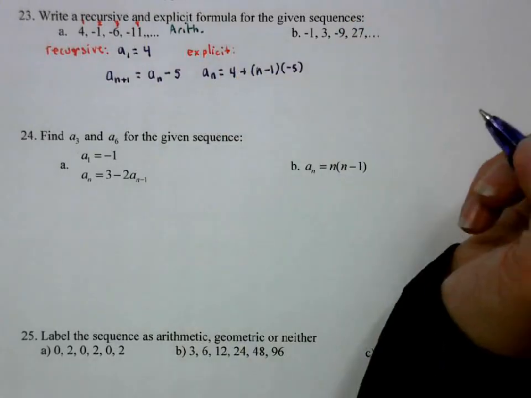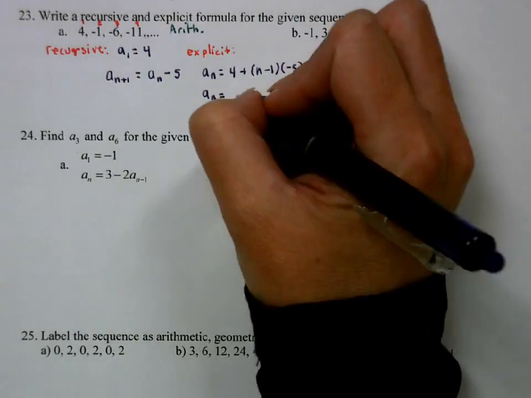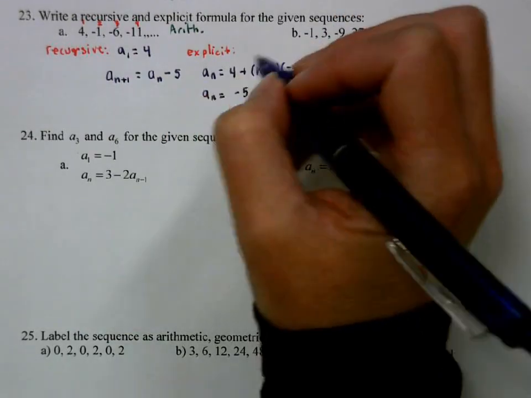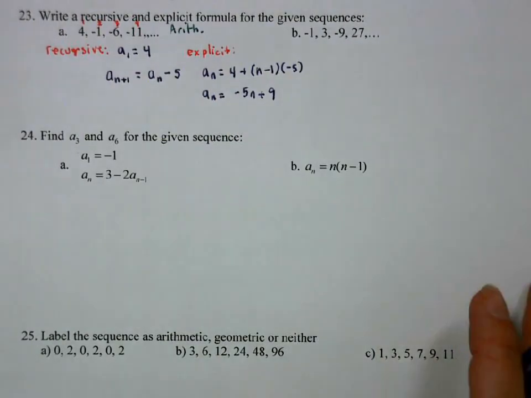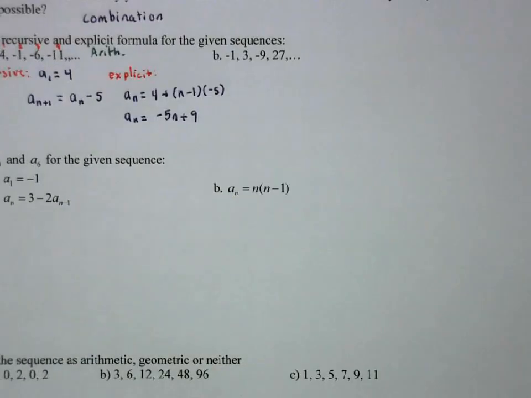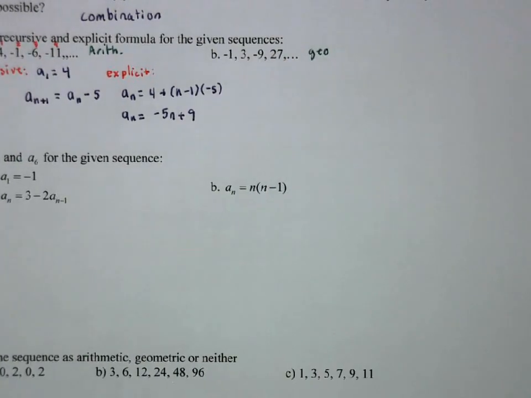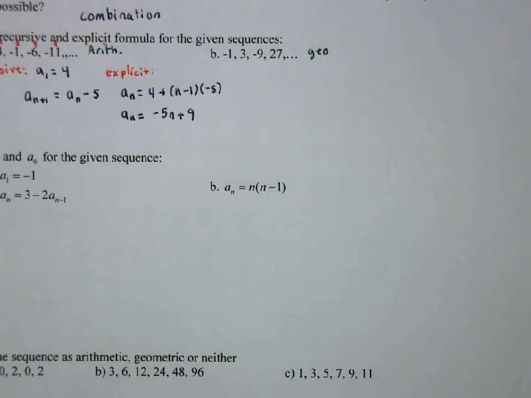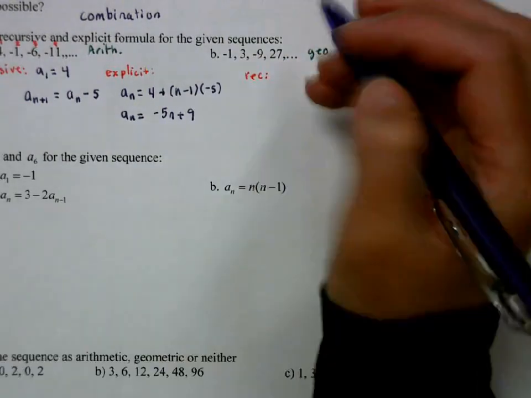Okay, the next one is geometric, because we are multiplying. So still for the recursive, a1 is negative 1, an plus 1, we are taking the previous term and multiplying it by negative 3. So negative 3 times an.